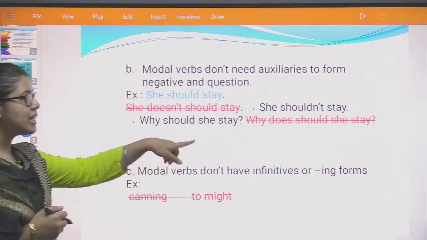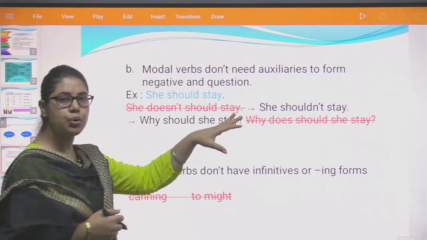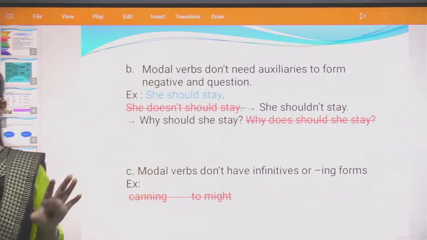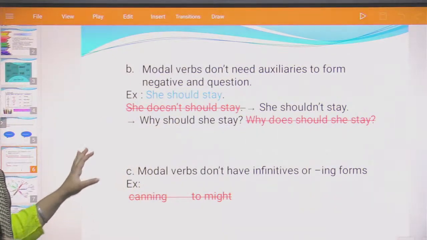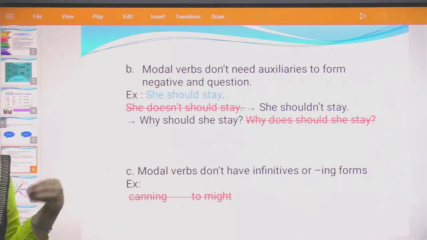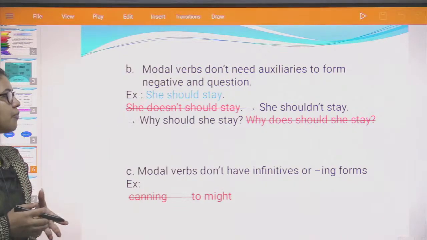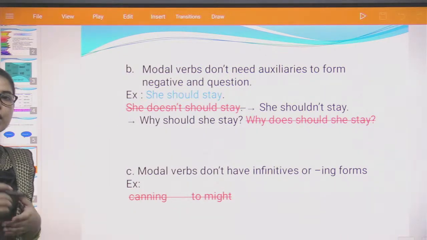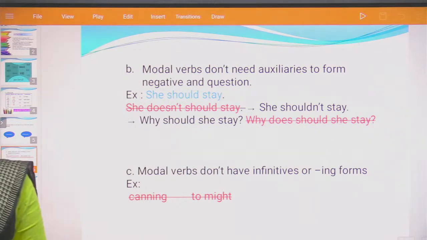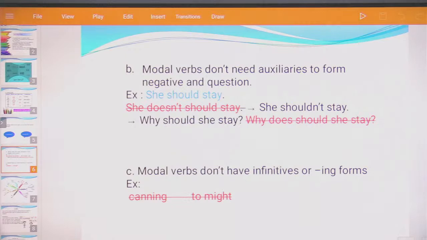This does, or any other do or did, any other auxiliary verb is not required here, because these modal verbs are themselves auxiliary verbs. So the negative form is she shouldn't stay, and the question is why should she stay. With the modal verb itself we place the negative not. Students, I hope this point is clear to you.